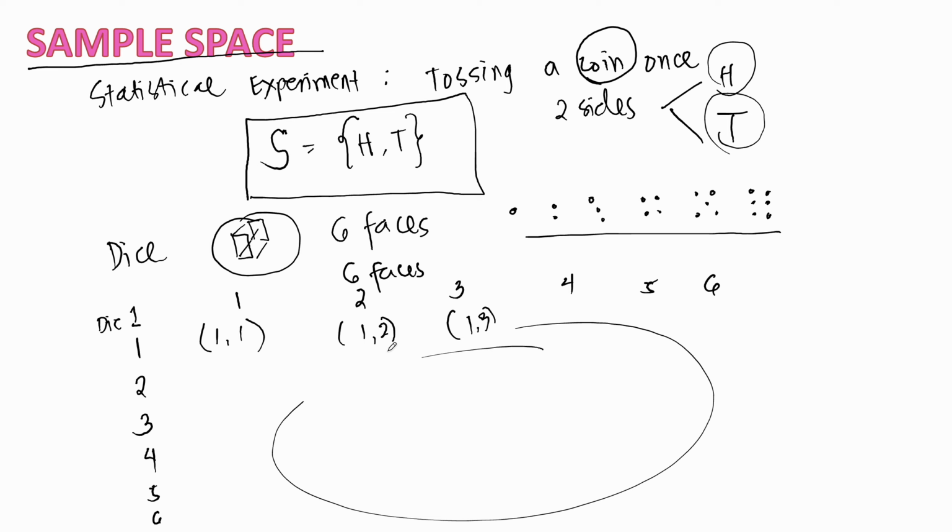So, ganun lang gawin ang sample space, no? Given that you have a statistical experiment, all you have to do is to declare what's on your object. And kung ano yung mga possible outcomes, isusulat mo lang siya sa sample space mo. Okay?